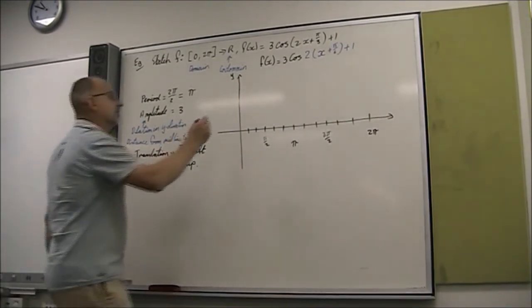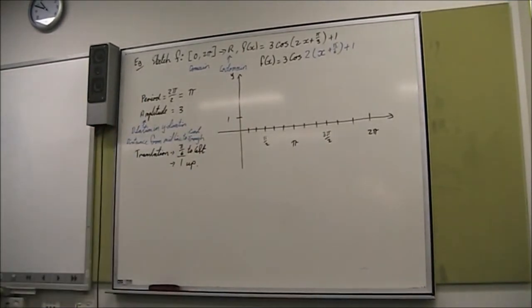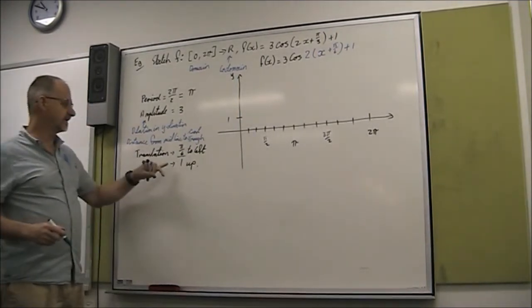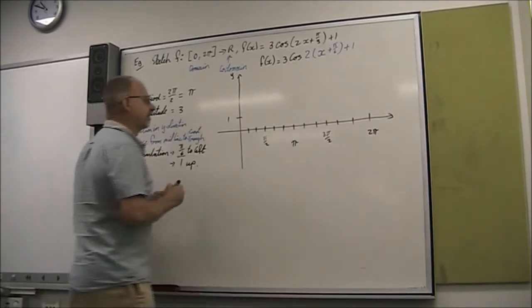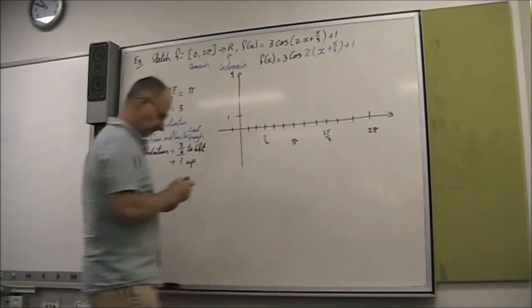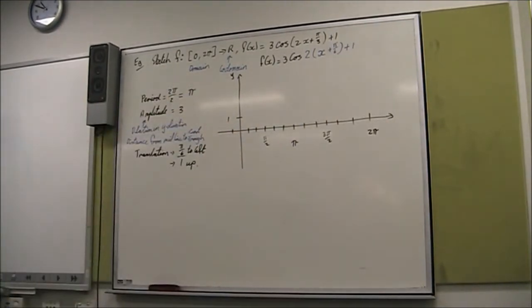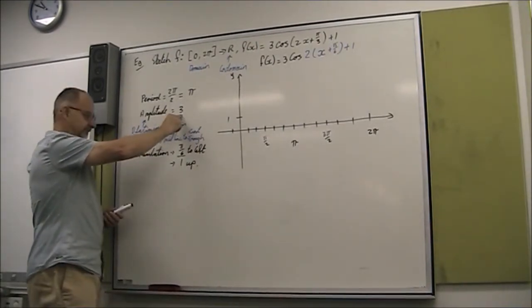Then the next thing that I would do is I say, alright, we've got this translation in 2 ways. We've got a translation up and we've got 1 pi on 6 to the left. So, what I then would do is I go, alright, so this is a cos and we've got an amplitude of 3.